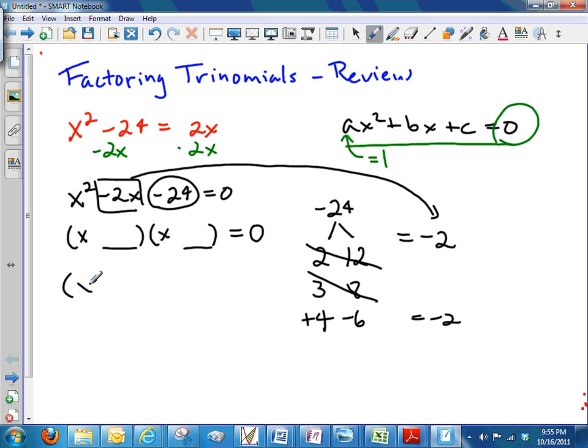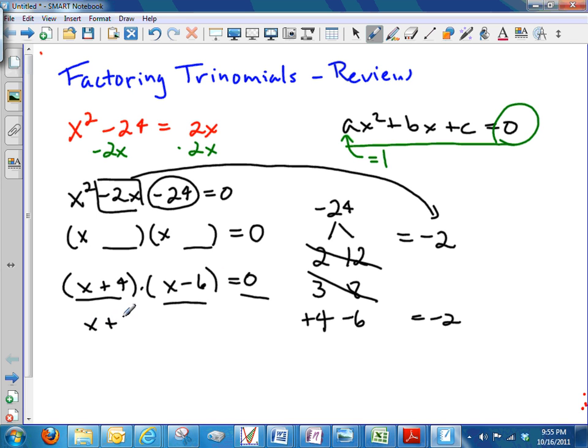We're going to insert x plus 4 and x minus 6 into those blanks. And it does not matter what order that you do that in. And you'll recall in Algebra 1 you learned about something called the zero product property. And that basically says that the only way you can get 0 as an answer in multiplication is if one of your factors, or both, is 0.